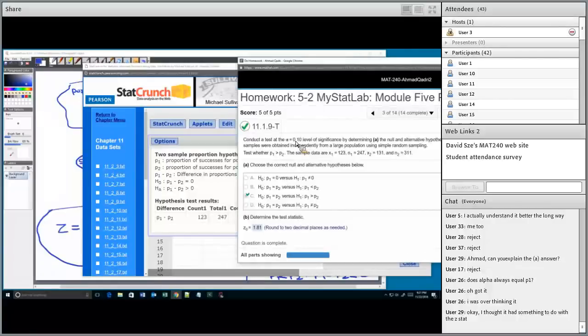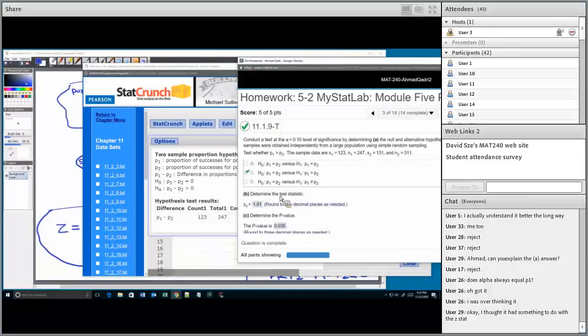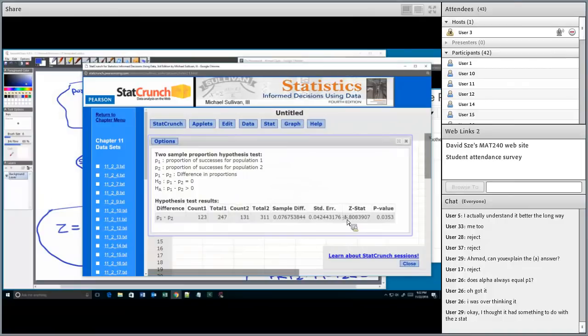That process is going to be exactly the same. The only difference is that we have a test statistic that has a different equation today. This has nothing to do with the z-stat. In this hypothesis testing, to select the hypothesis, you just read the problem and see what they want you to test, and that's what you select. The test statistic is part B, which is the value you get from here.